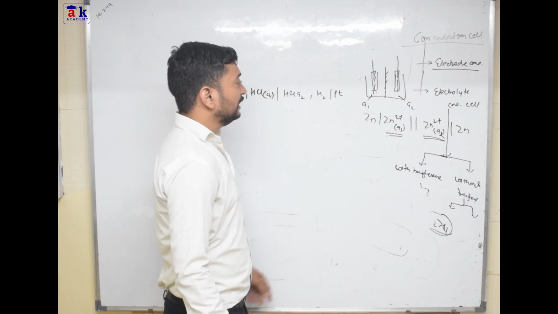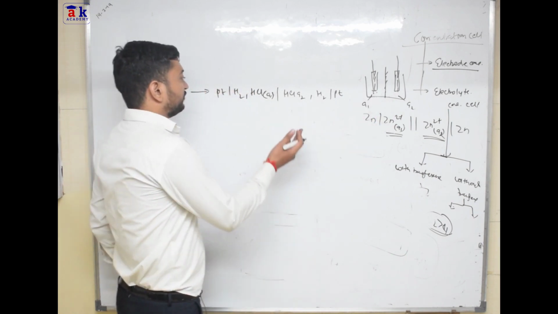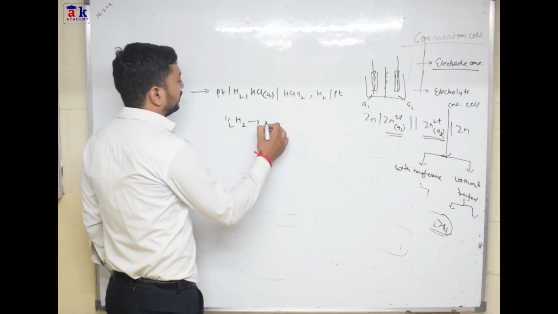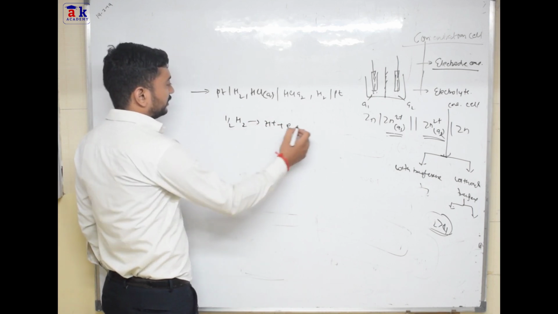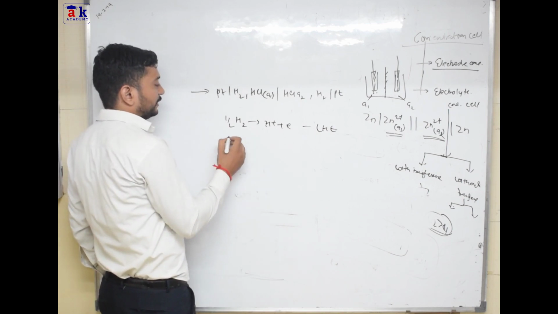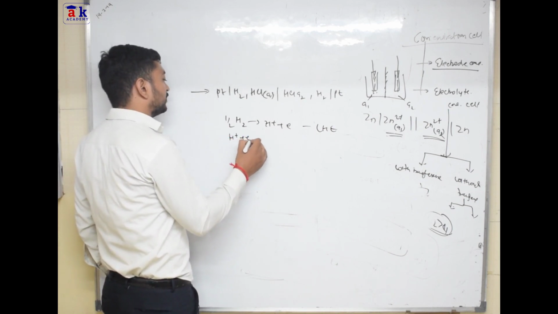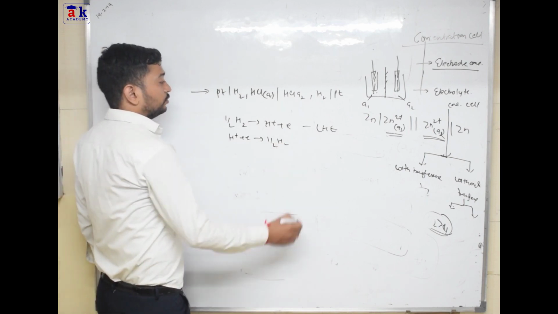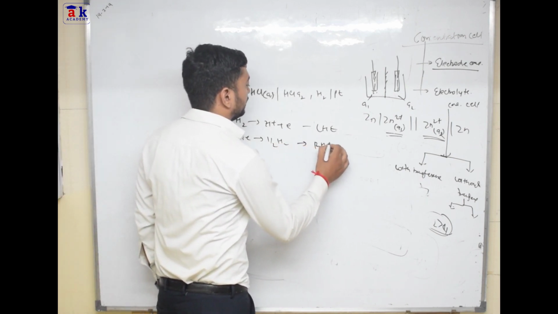Now let's first write the reaction. In this case, H2 will get converted into H+ plus 1 electron. This is on the left hand electrode, meaning oxidation is occurring over here, and here H+ is accepting 1 electron and forming half H2. This is happening on the right hand electrode.